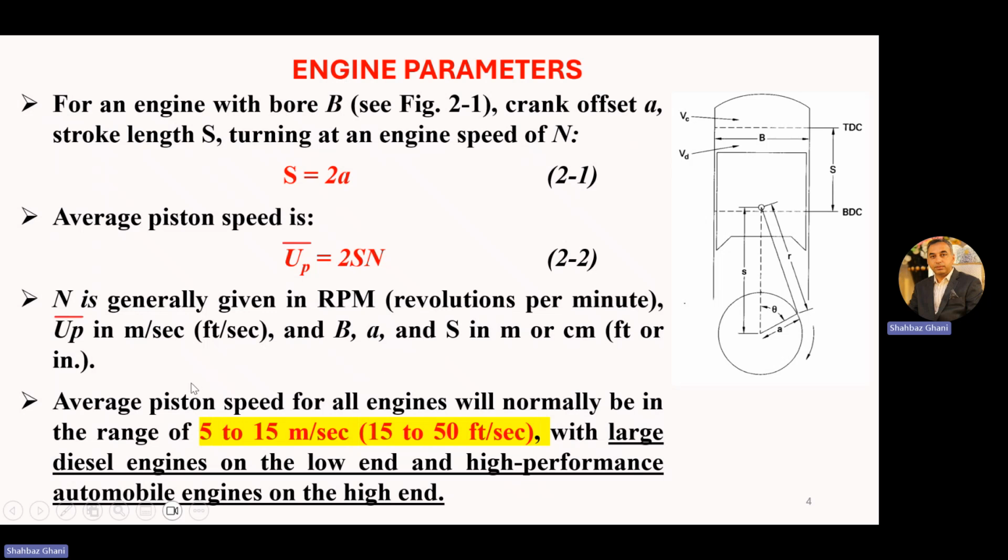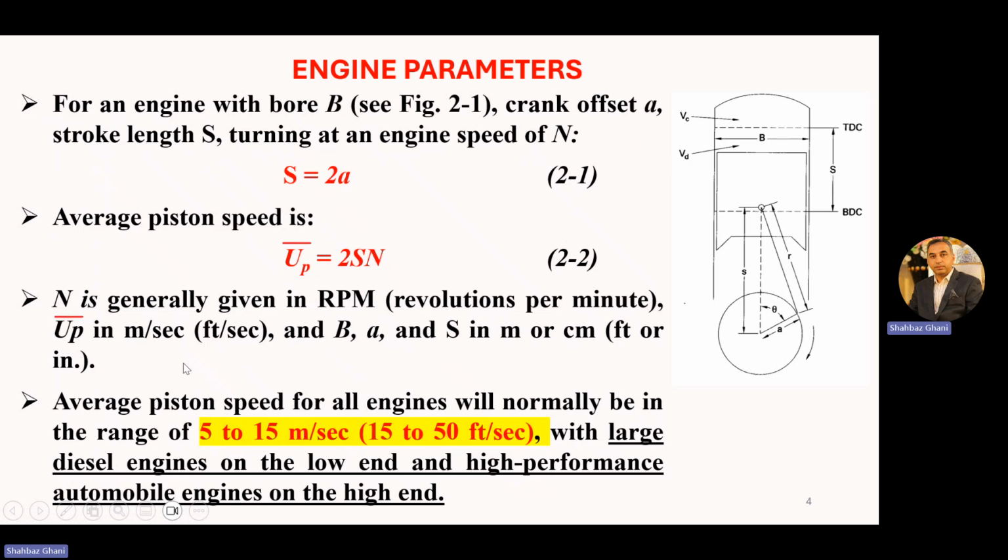Now, from calculation and experience, the average piston speed for all engines will normally be in the range of 5 to 15 meters per second or 15 to 50 feet per second.